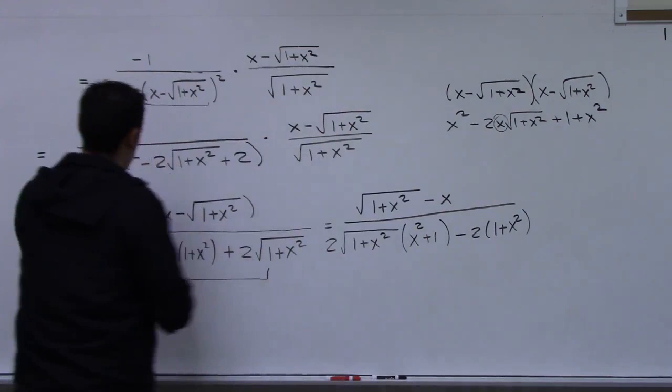All right, 24. Arc cosine of arc sine of t.